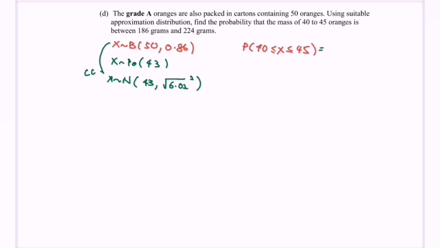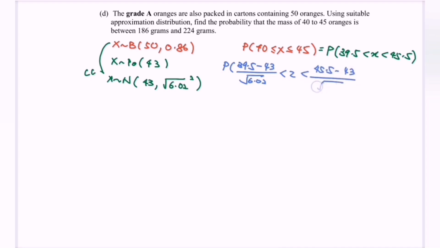So here we will have probability that X is between 39.5 and 45.5. So that is the continuity correction. Continue, standardize the situation. Probability that Z is between 39.5 minus 43 over square root of 6.02, and 45.5 minus 43 over square root of 6.02.